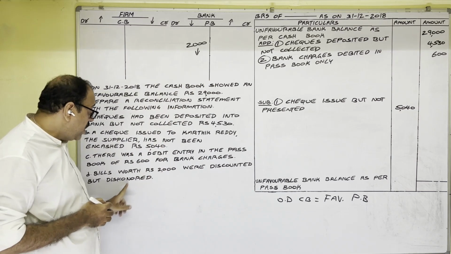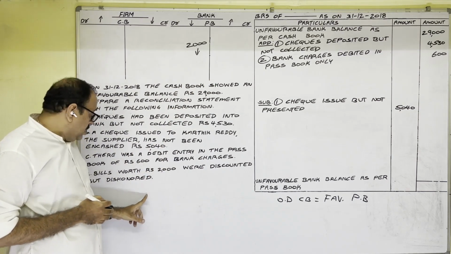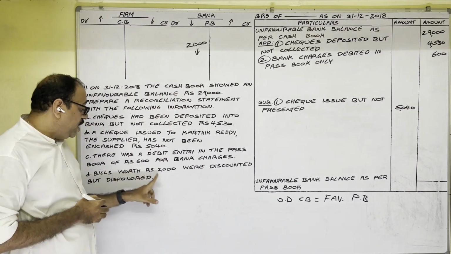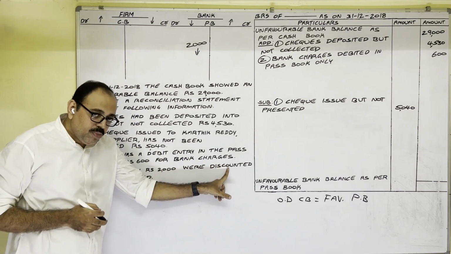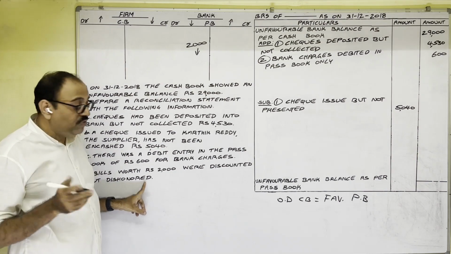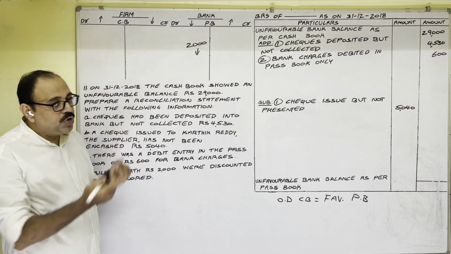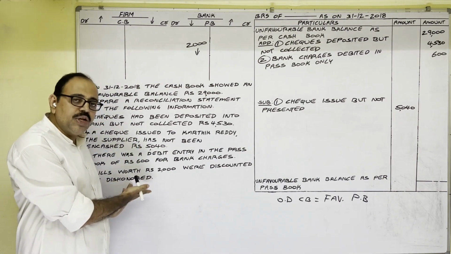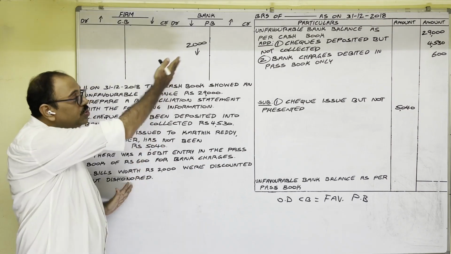See, the question does not give all that information. Simply it says a bill is there, we sold that bill to the bank, but the drawee failed to pay the money on the due date. In which book it is recorded and in which book it is not recorded, there is no proper information, but we should know that.